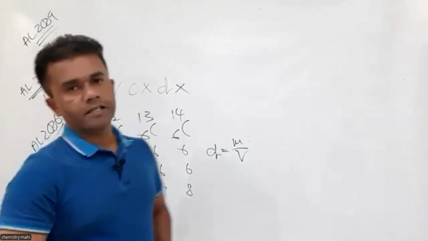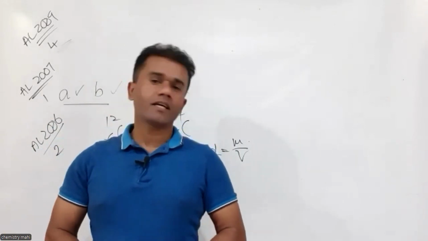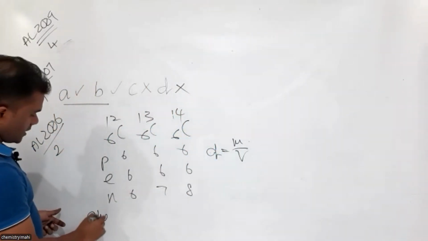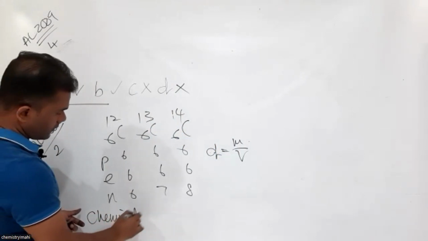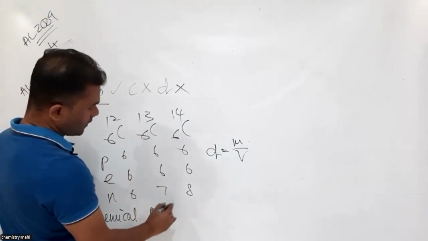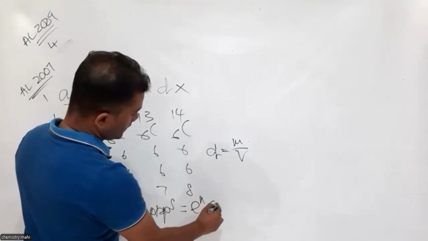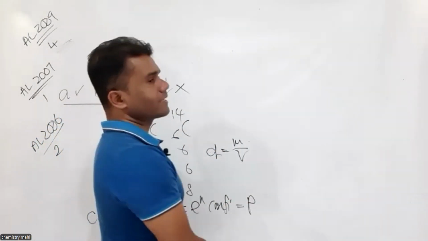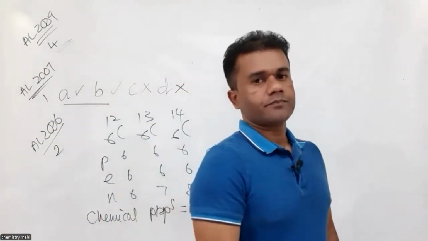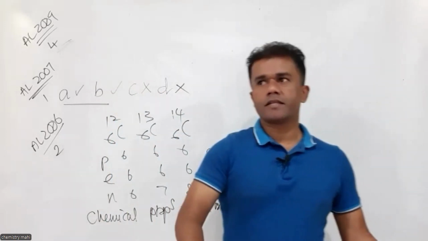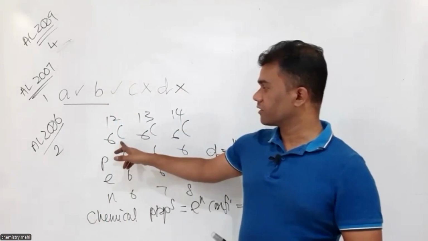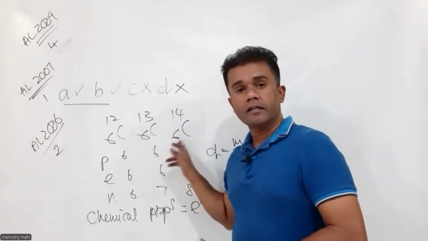But what about the others then? Third one, similar chemical properties. Remember, chemical properties can be easily predicted based on electron configurations. Electron configuration is done according to the number of protons, meaning the atomic number. We did that in electron configuration. We wrote the electron configuration according to atomic number.